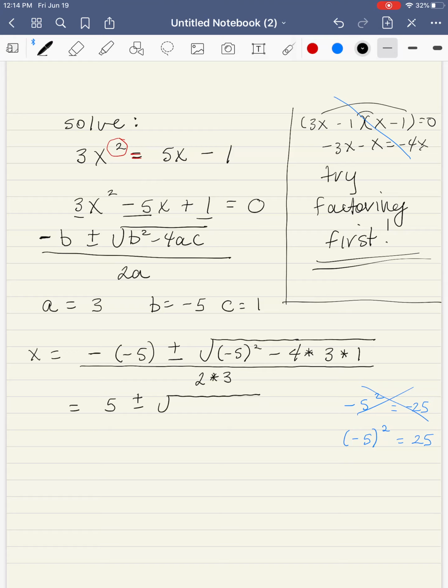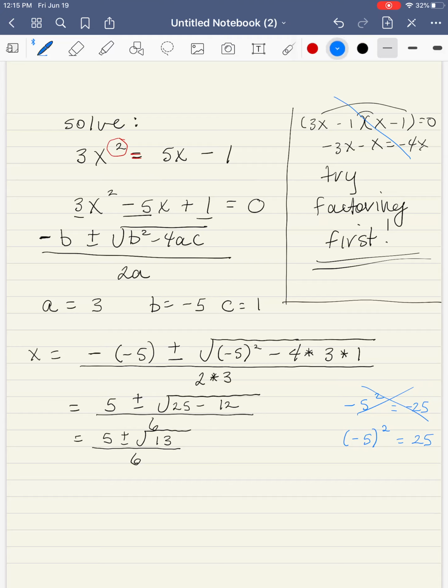Otherwise, you're going to end up with an error. All right, so negative 5 squared is 25, minus 4 times 3 times 1 is 12, all over 6. So we have 5 plus or minus the square root. 25 minus 12 is 13, all over 6.